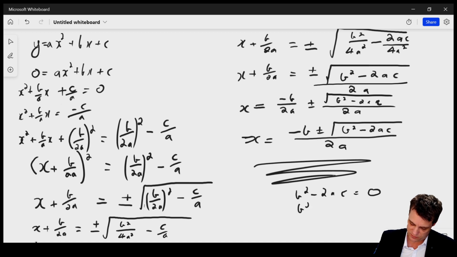The second one is when b squared minus 2ac is greater than 0. And the last one is when b squared minus 2ac is less than 0. In the case that this is equal to 0, there's no plus minus, so there will be one solution.